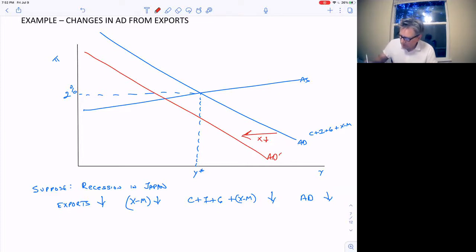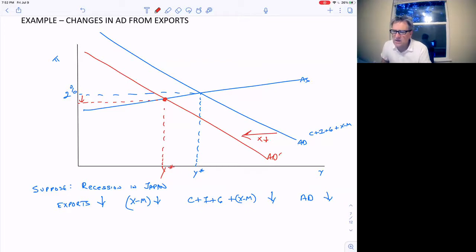Now we have a new equilibrium, a new Y star here. And depending on how steep or flat this aggregate supply curve is, and no one quite knows how steep it is, and it may change quite a bit, but it appears that the inflation rate will fall a little bit.